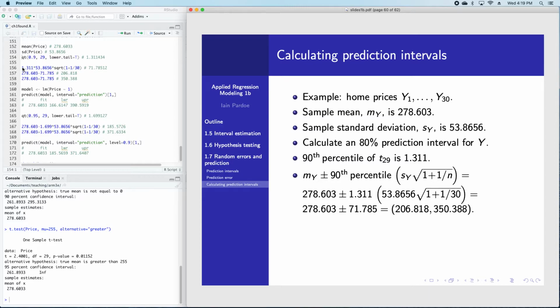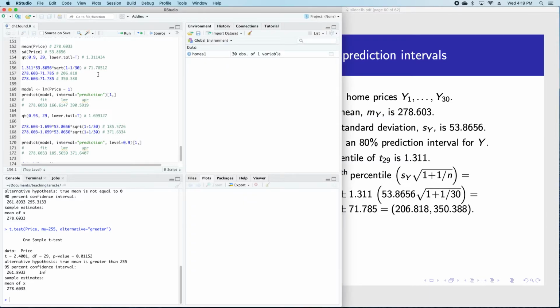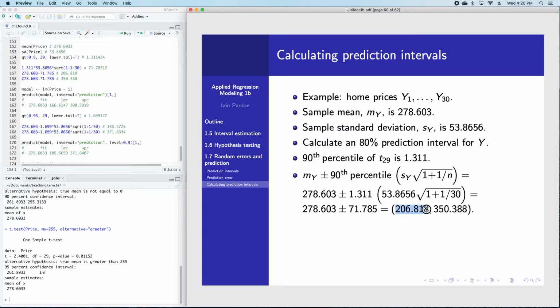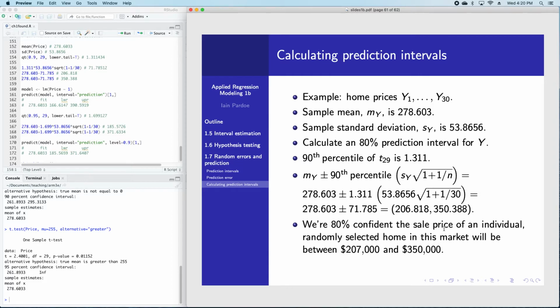If I do the calculation in R over here, I get 71.785 for the prediction uncertainty, and then if I add and subtract that to the sample mean, I get a lower bound of 206.818 and an upper bound of 350.388. Okay, and that's our interval.